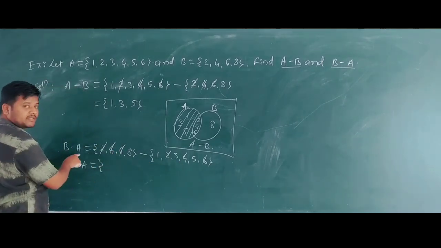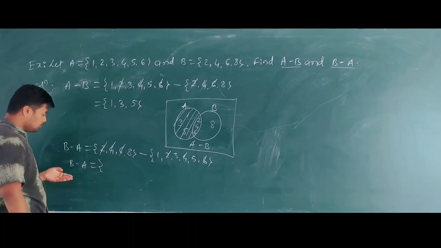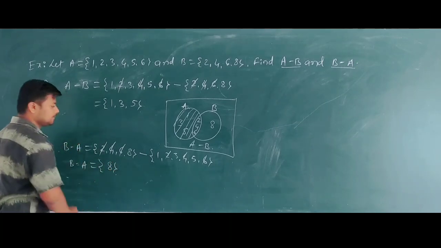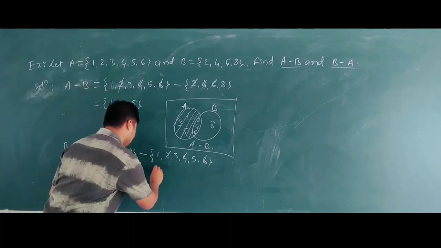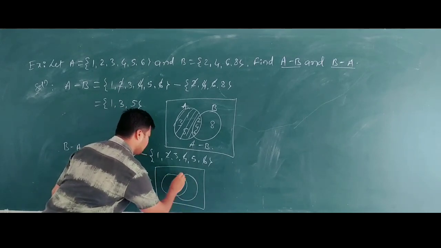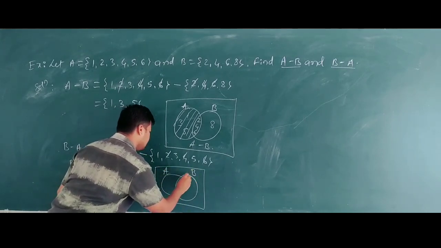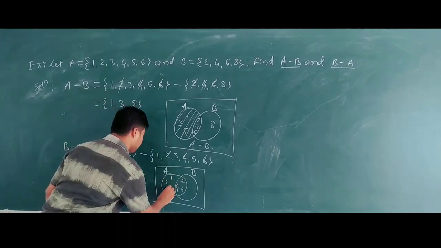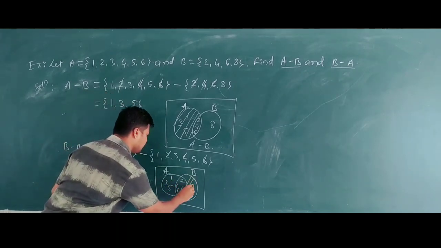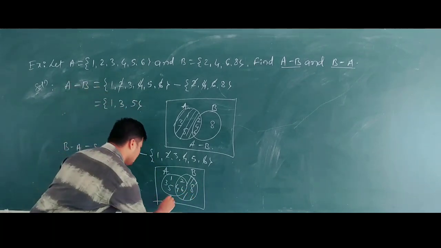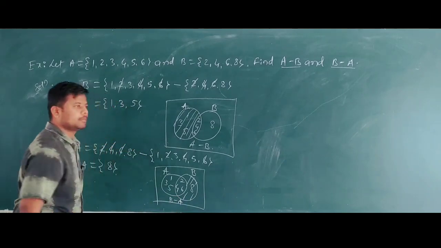Now we have B minus A, the only elements belonging to set B. Venn diagram. So this is the Venn diagram for B minus A. Okay, next.